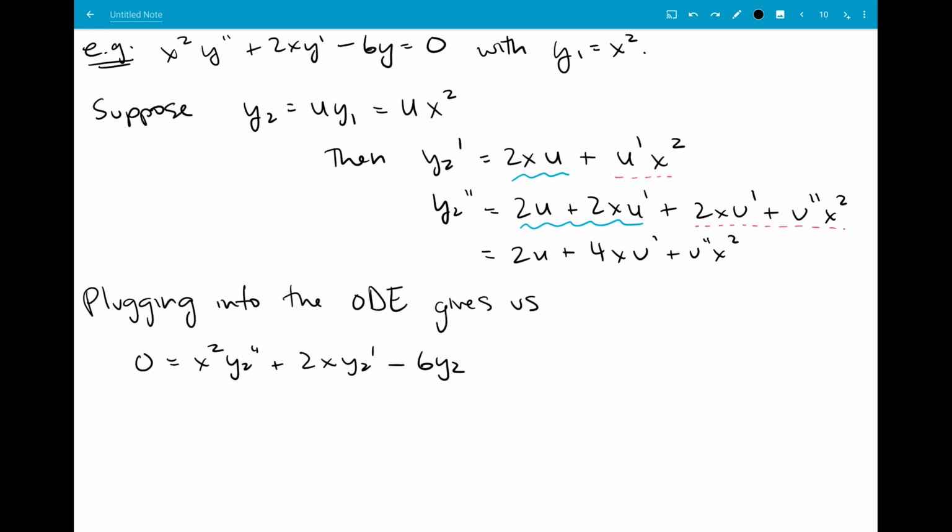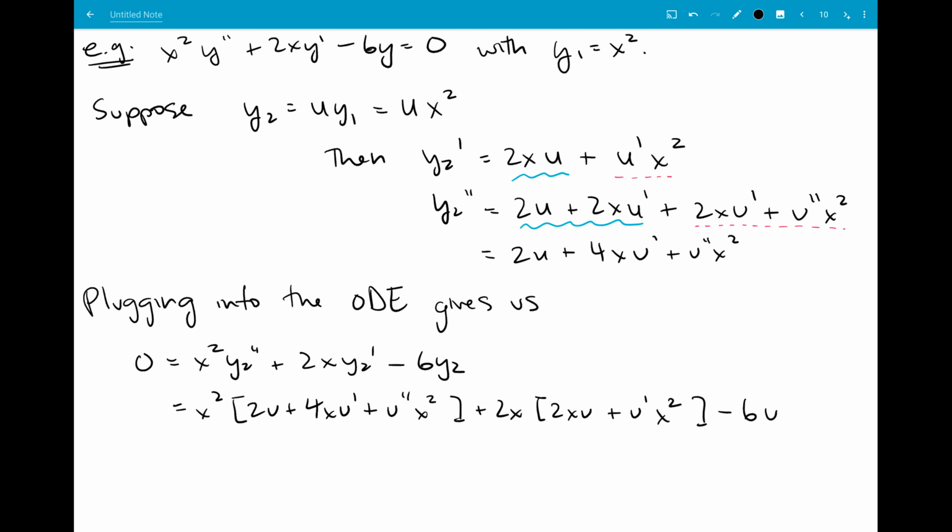This is one where it doesn't matter. When we start to simplify everything, we'll end up rearranging when we get to solving. But for now, it's okay. You could go ahead and divide through by x squared if you wanted to, though. I've got x squared times y2 double prime, so that's 2u plus 4x u prime plus u double prime x squared, plus 2x y2 prime, so that's 2x u plus u prime x squared, minus 6y2, and that's u times x squared.